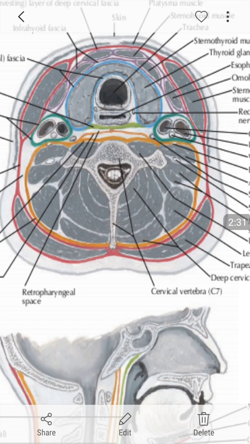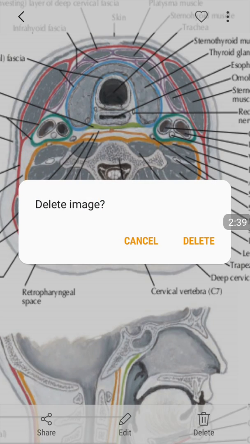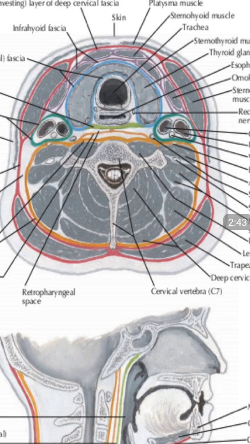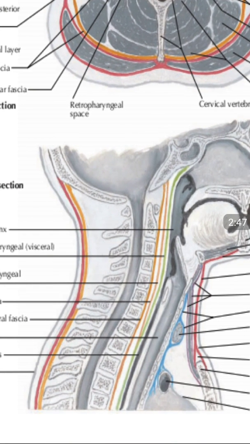So at four corners, this deep fascia splits to wrap the sternocleidomastoid anteriorly and the trapezius muscle posteriorly.